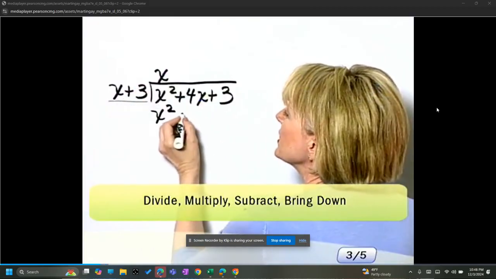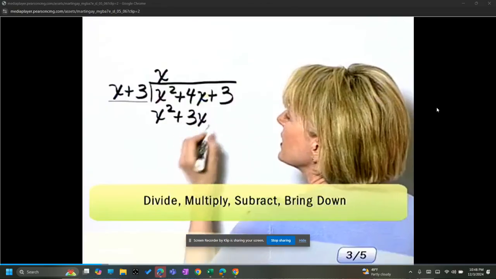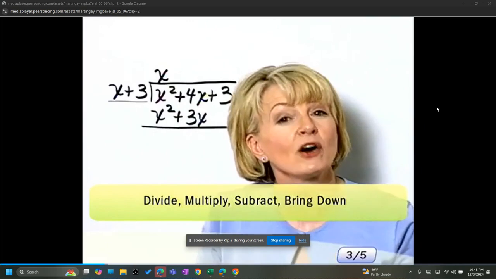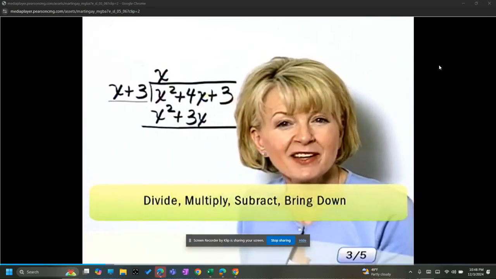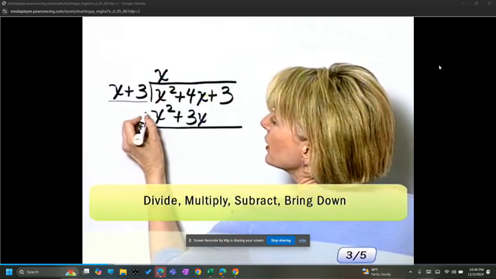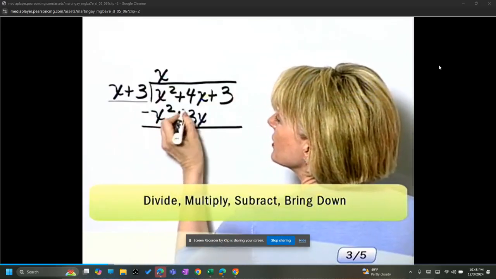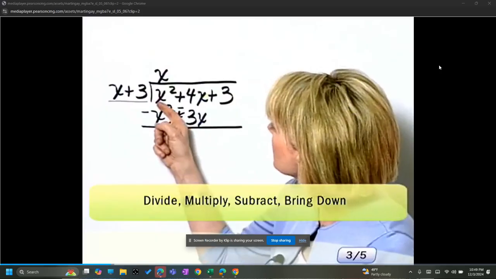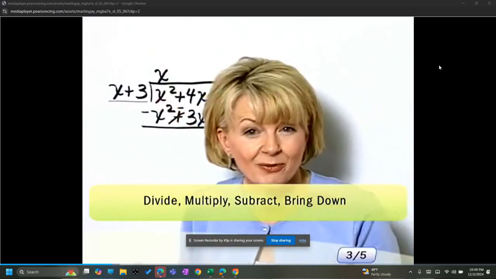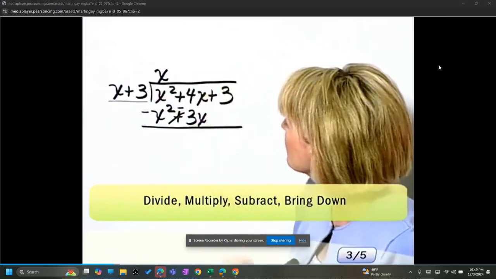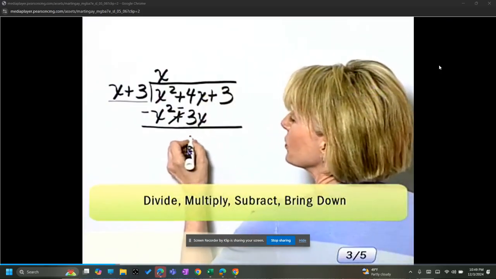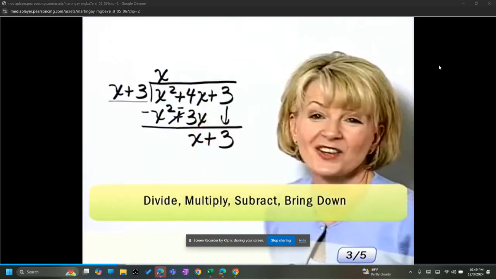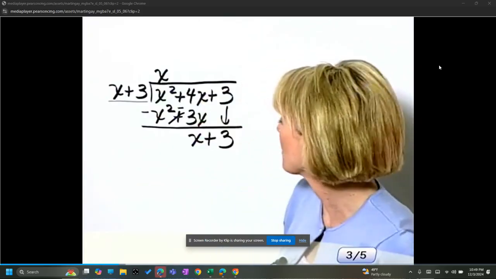X times 3 is 3x. Then don't forget, just as before, after we draw our line, we are subtracting. To remind myself that I'm subtracting, I will change each of these signs. So I have x squared minus x squared, that's 0x squared or 0. 4x minus 3x is 1x or simply x, and then bring down the next term just as before.